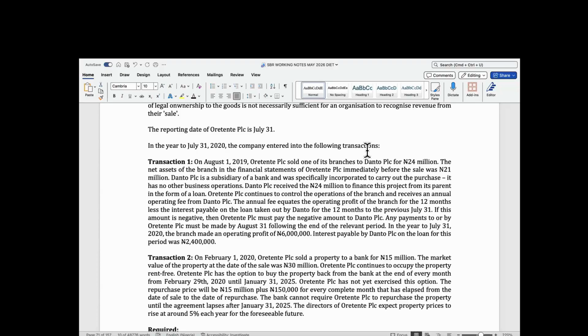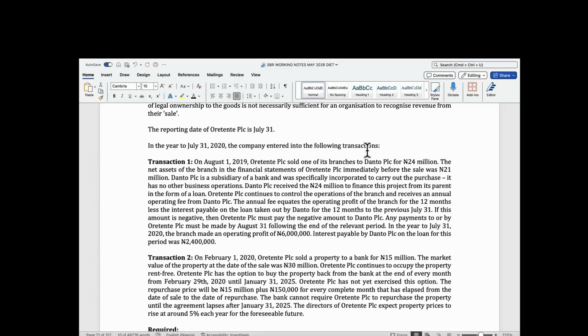Danto PLC is a subsidiary of a bank and was specifically incorporated to carry out the purchase. It has no other business operations. Danto PLC received the 24 million to finance this acquisition from its parent in the form of a loan. Oriente continues to control the operations of the branch and receives an annual operating fee from Danto.